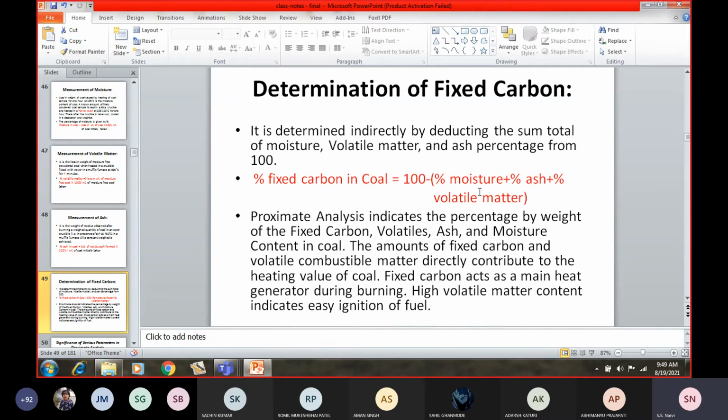Then the sum of all these parameters is subtracted from 100, and whatever you get is taken as fixed carbon. Now this fixed carbon also has some percentage of hydrogen, nitrogen and sulfur in it. But all of them give you some heat, therefore it is taken as fixed carbon. So it is an indirect calculation of fixed carbon in the coal, which is done by the proximate analysis.